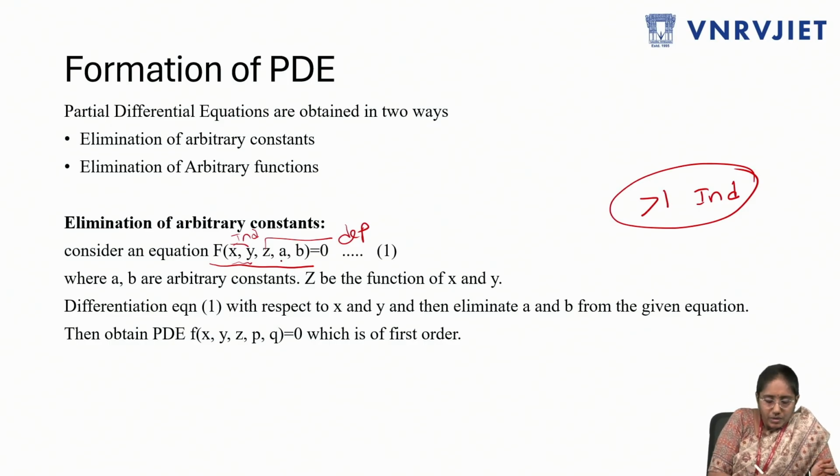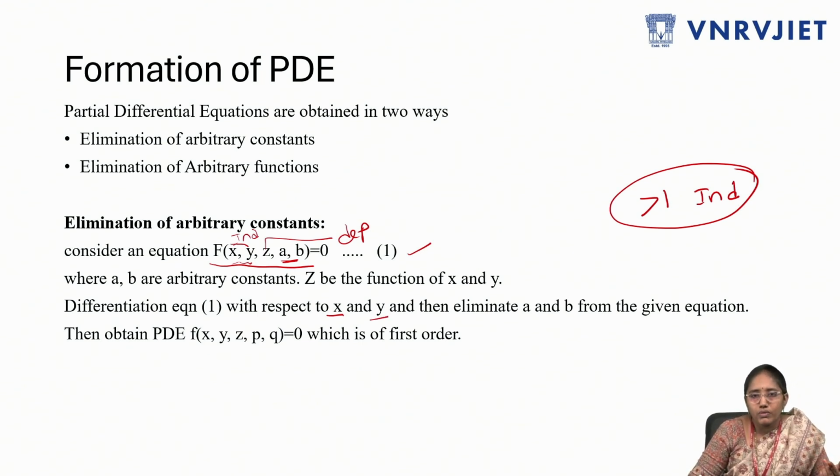So here the arbitrary constants are a, b. We need to eliminate those. How to eliminate? Just differentiate the given equation with respect to x and y, and you will get two equations.